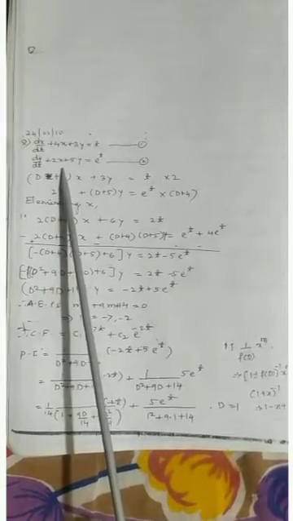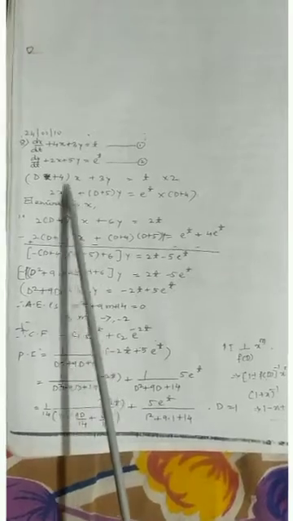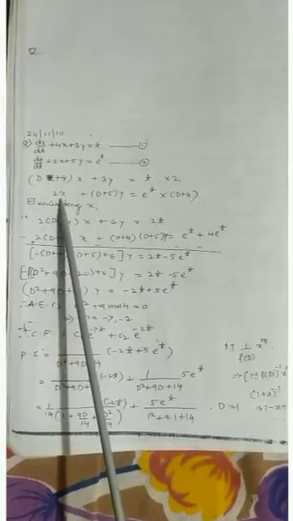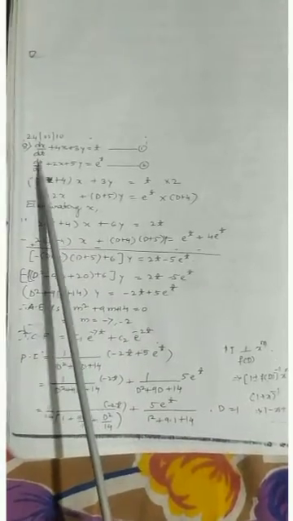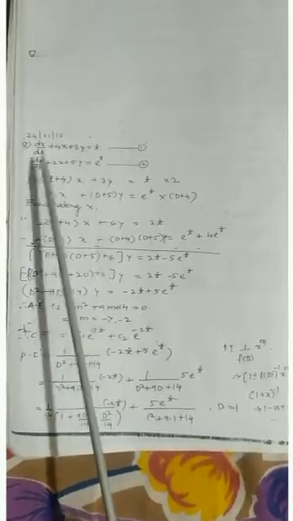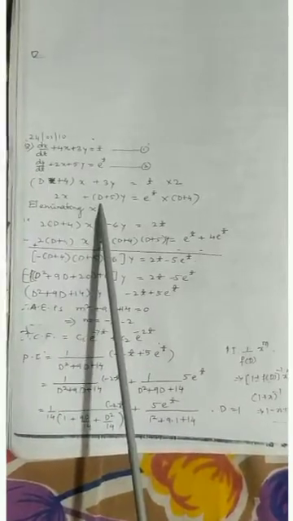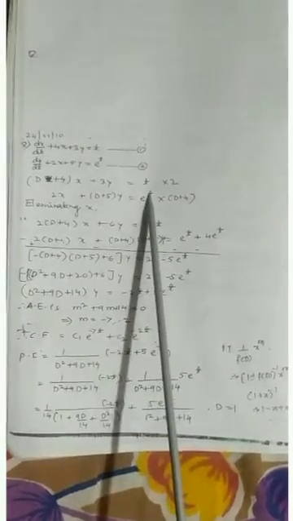To solve the equations we have to write the x terms together and the y terms together: x term first, then y term. Here y is common, so I am taking y common, but d by dt is capital D, plus 5. So 2x + (D + 5)y = e to the power t.